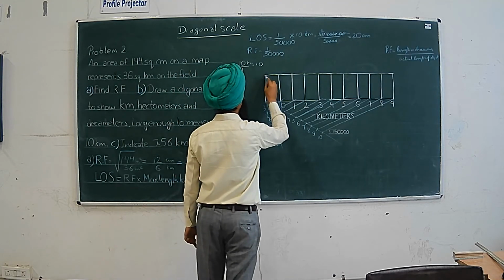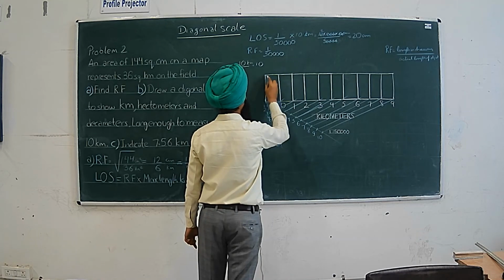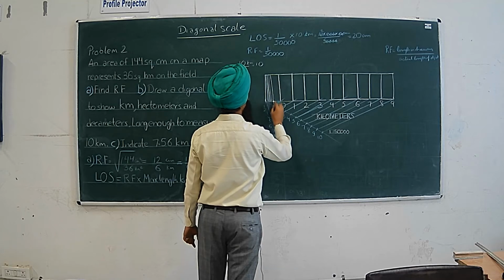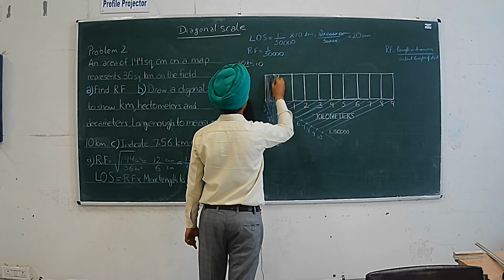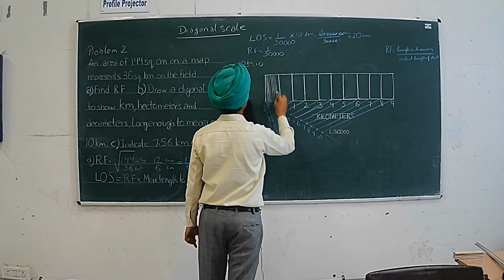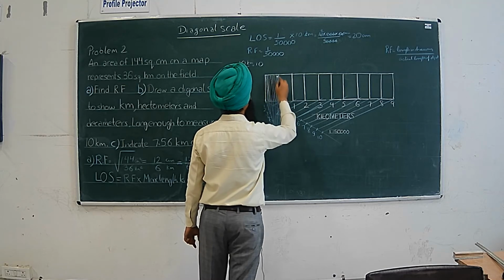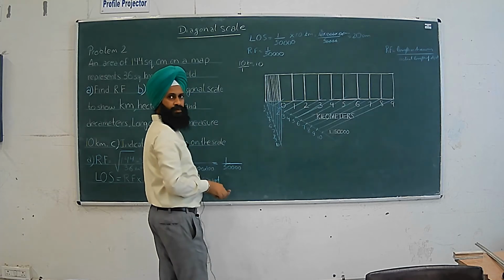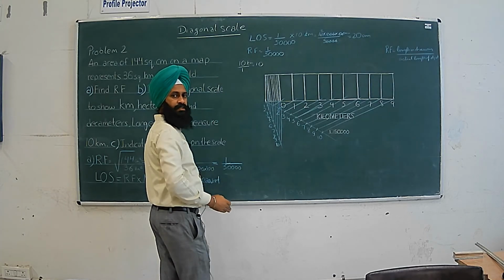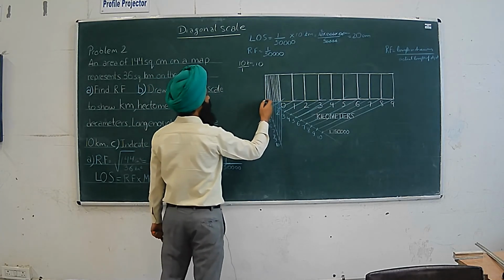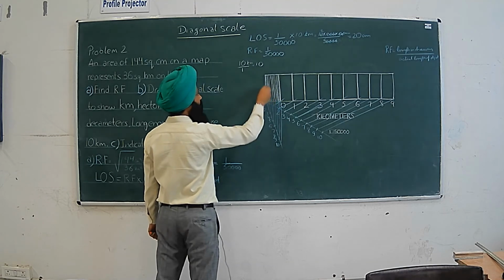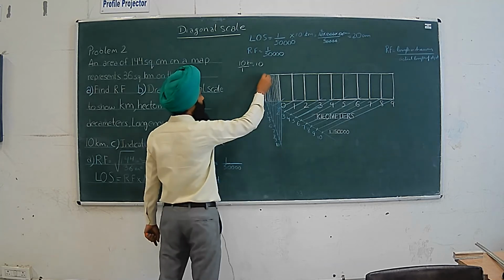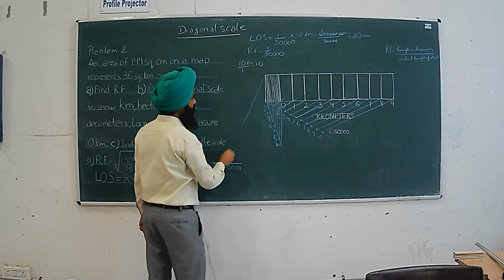So point number 8, 7, 6, 5, 4, 3, 2, 1 and 0. Okay, so these are the inclined lines. Inclined, how much inclined? That 9th part is joined with the 10th part, top of the 10th part. Draw another acute angle.